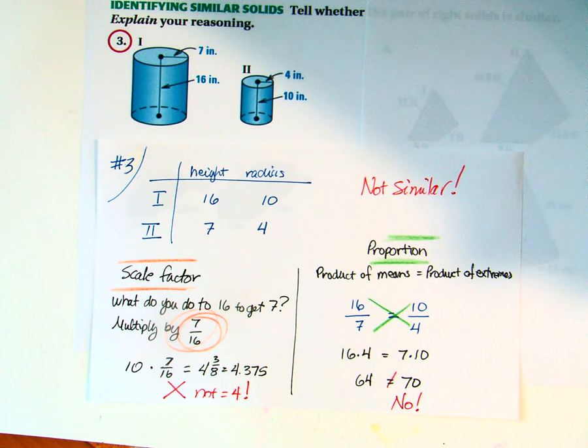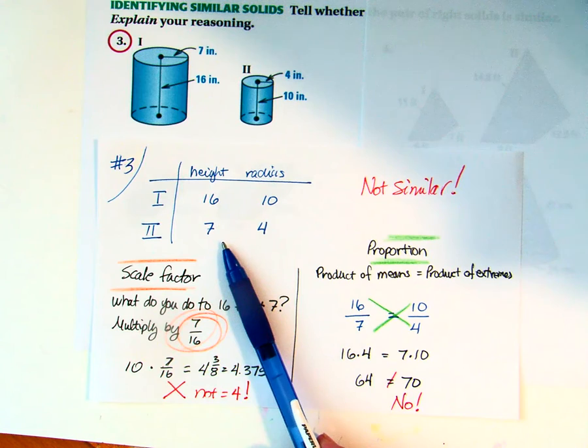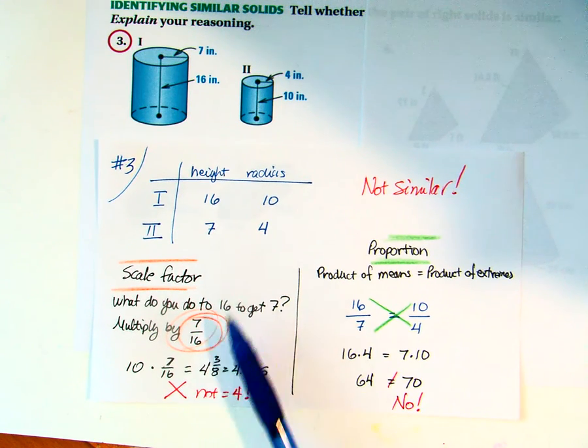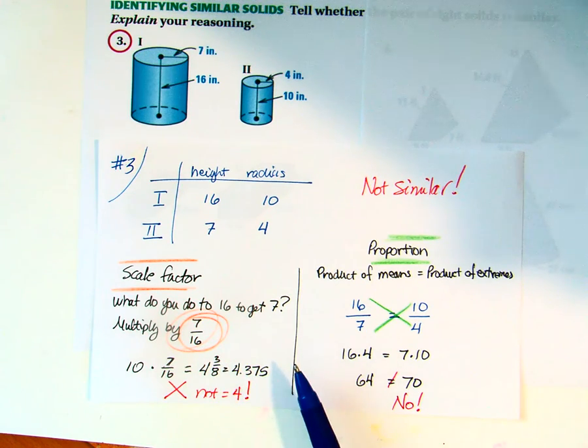And I personally kind of like to do it with scale factor. Doesn't matter, you'll get the same thing either way. They're all variations on the same theme. And so I like to think of, what do you do to 16 to get 7? Well, you multiply it by 7 over 16. The 16s will cancel, you'll get 7.